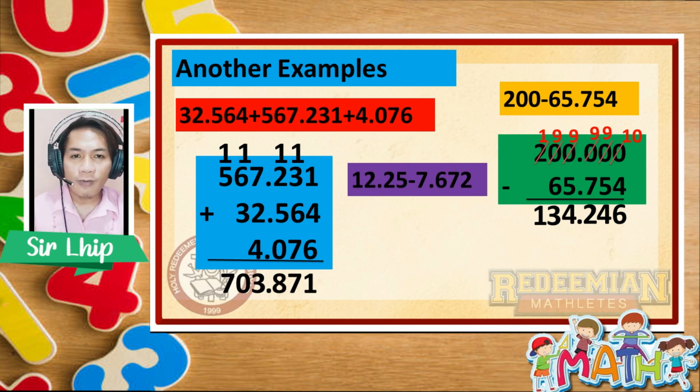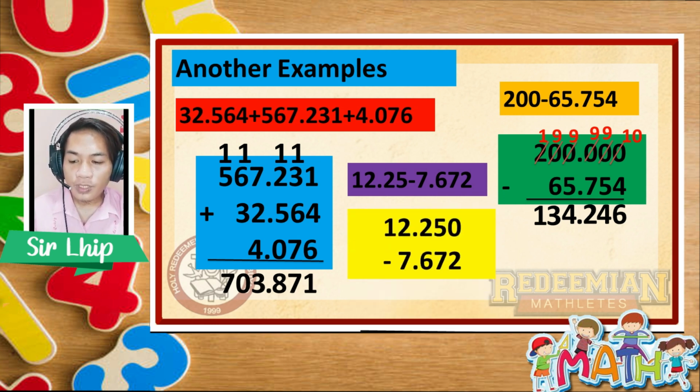12 and 25 hundredths minus 7 and 672 thousandths. So we need to arrange it in column. 12 and 250 thousandths minus 7 and 672 thousandths.